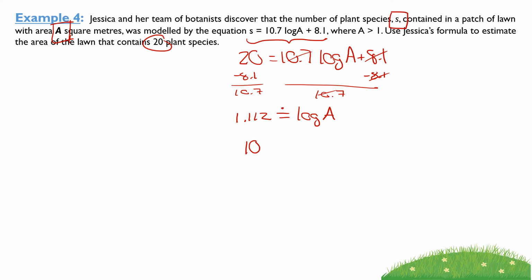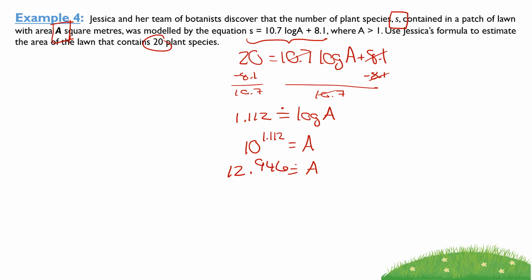It gets the exponent of 1.112, and that's equal to A, nicely isolated. So you get out your calculator and you get an answer of approximately 12.946. And what does that mean?